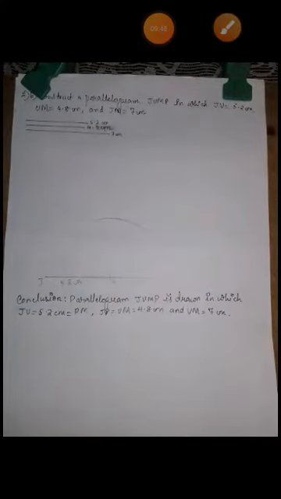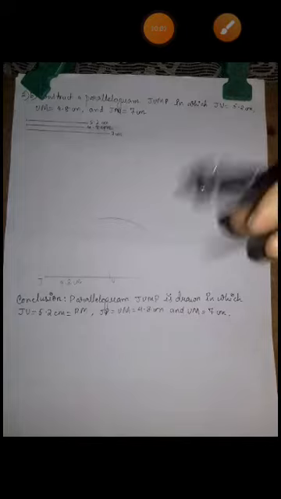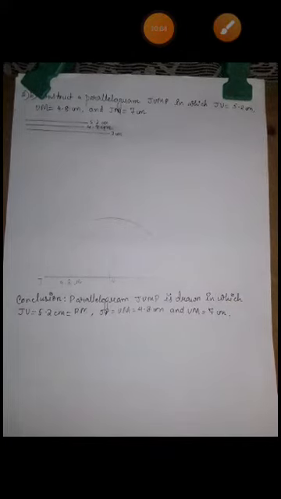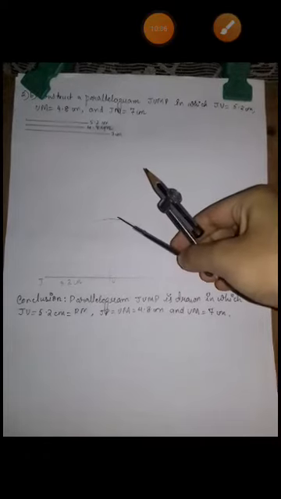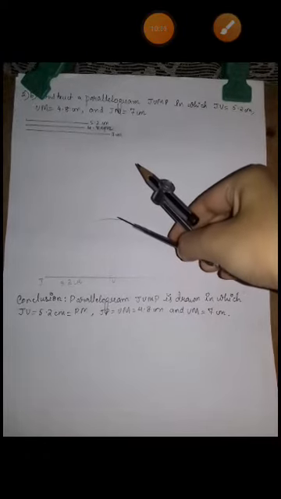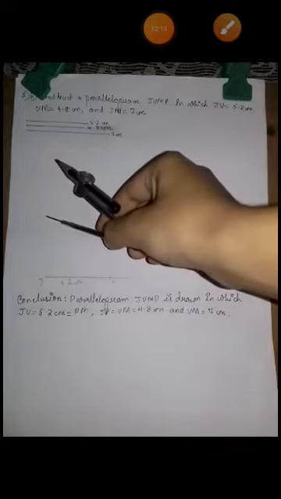Next, you have JM equals 7 centimeter. So here children, JM, that means you should have the quadrilateral of this form JUMP. That means M must be over here and P should be over here.